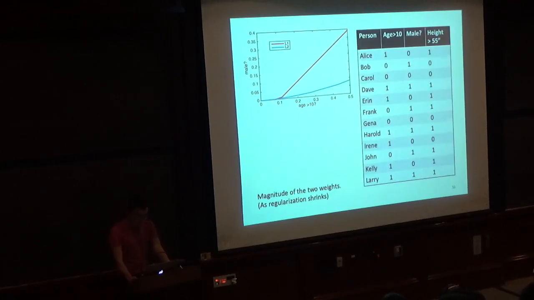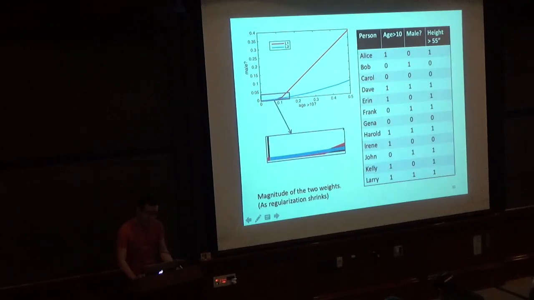Okay, so what I'm plotting here is the value of the weight vector for two of the features, for L1 and L2 regularization. As you increase L1 and L2, the weight vector you learn goes to the origin, and as you decrease it, they increase, of course.